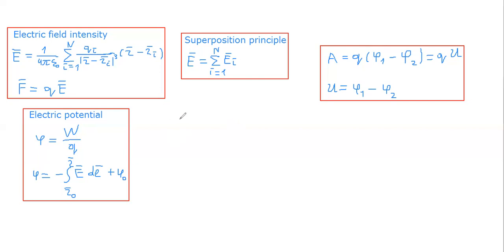And now it is necessary to say that the unit for electric potential is the volt, in short form just V. And the unit for electric field intensity is volts divided by meters.